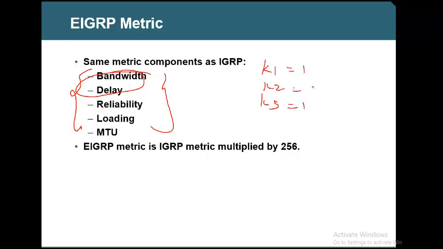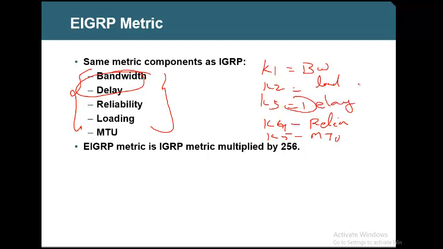K2 is load. K4 is reliability. K5 is MTU. These 3 are not considered. Bandwidth and delay, only these 2 are considered. Only K1 and K3 are considered.